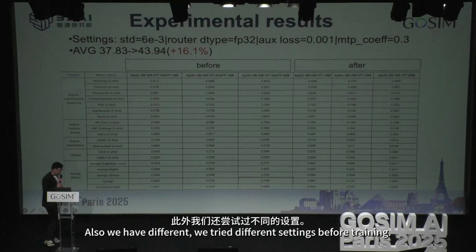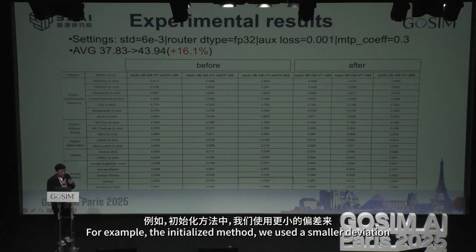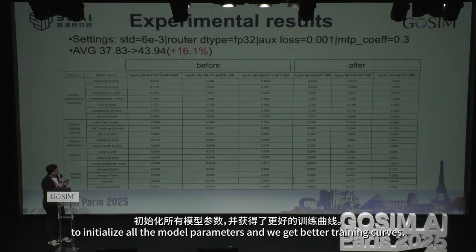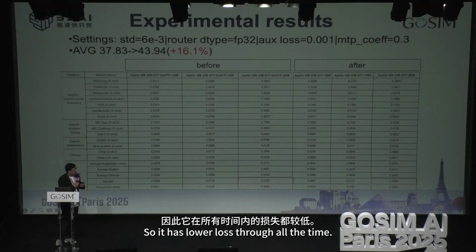Also, we tried different settings before training. For example, the initialization method. We use a smaller deviation to initialize all the model parameters, and we get better training curves, with lower loss all the time.